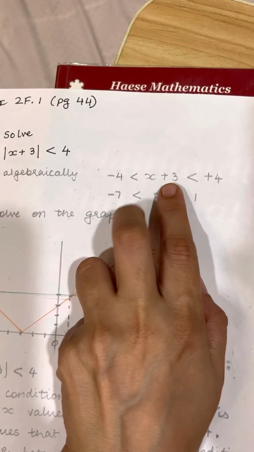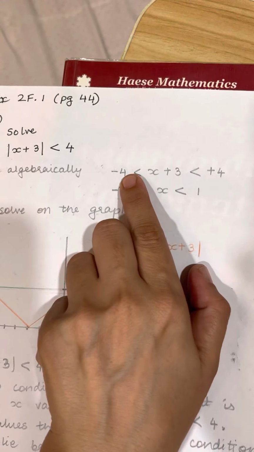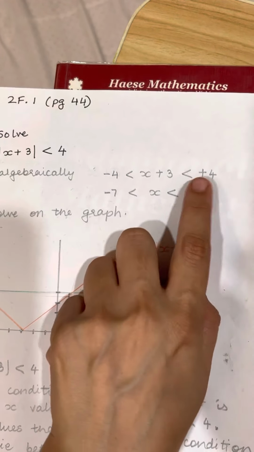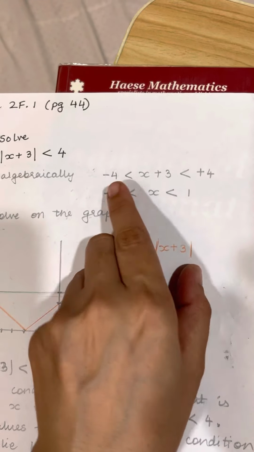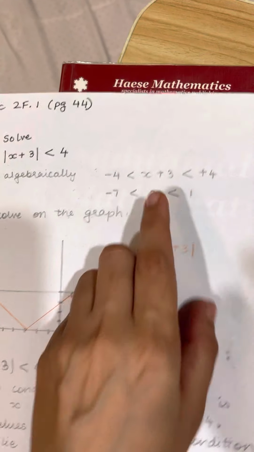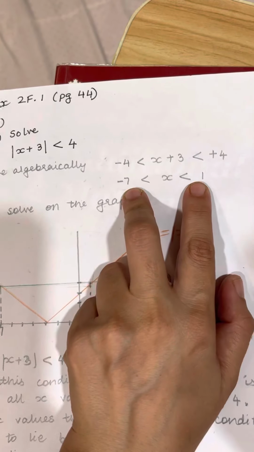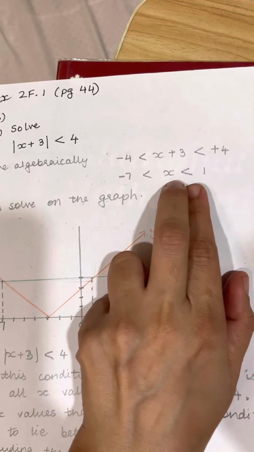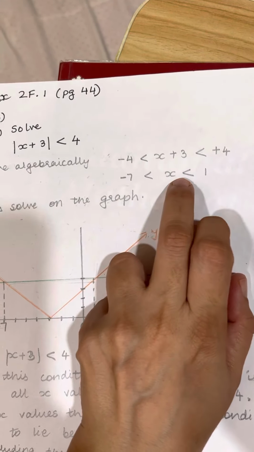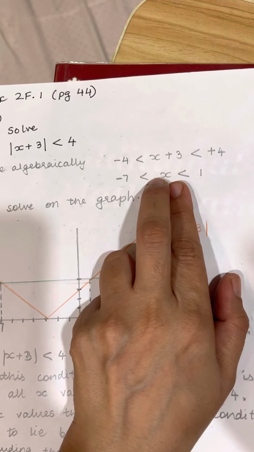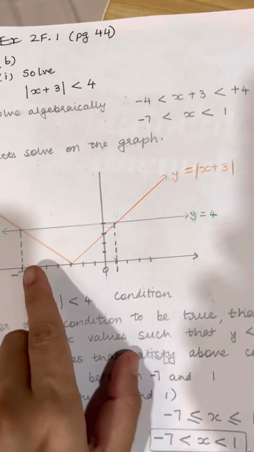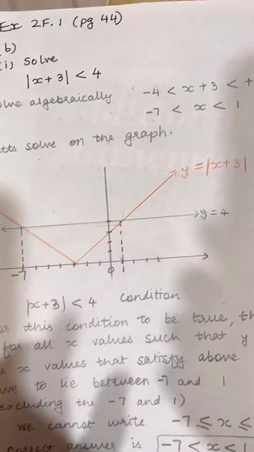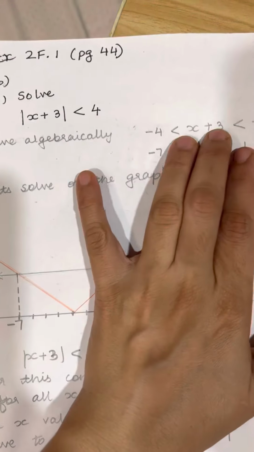Now if I subtract 3 from both sides, this becomes a -7 and this becomes a 1. So my x value has to be greater than -7 and less than 1. So this is the algebra solution.